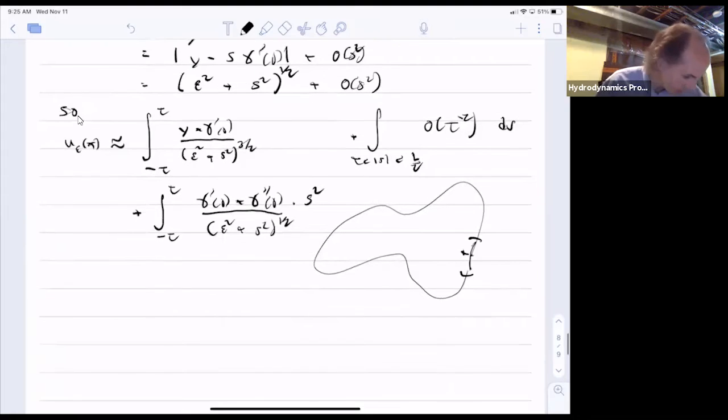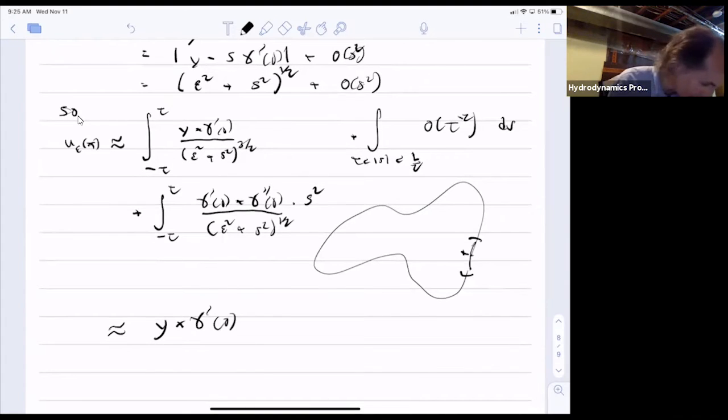Okay, and so this is going to equal, let's see, the first term is going to be something like y cross gamma prime of 0. And then I believe this gives an integral of order epsilon to the -2.